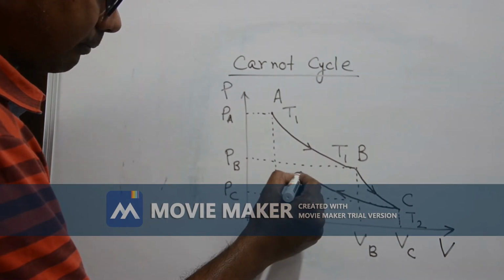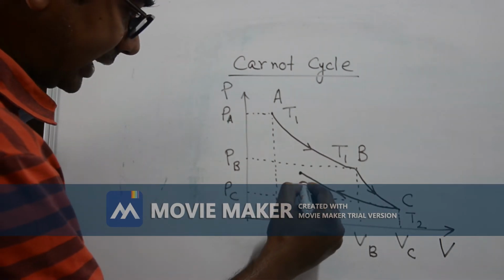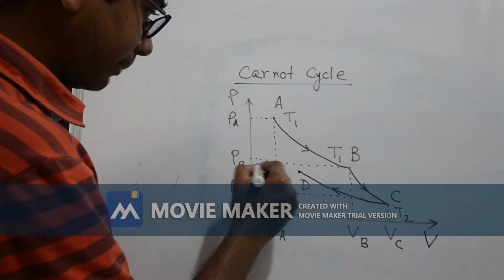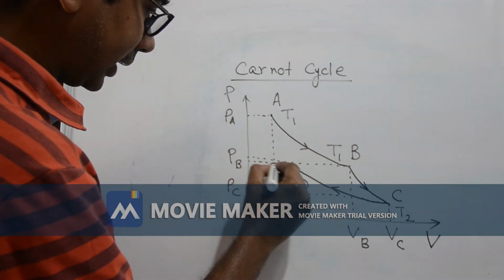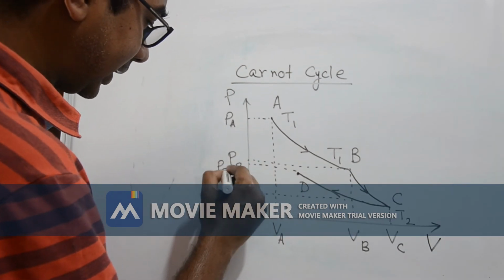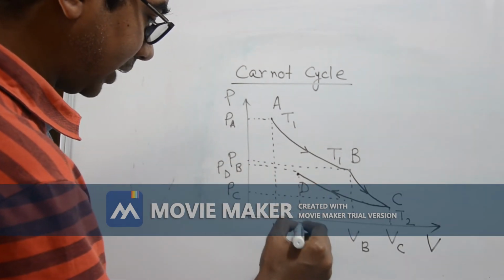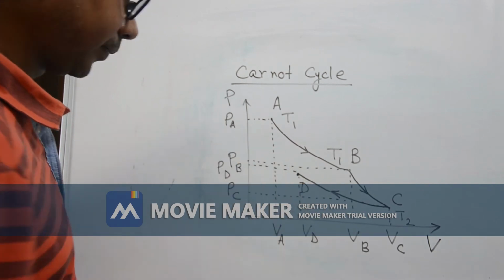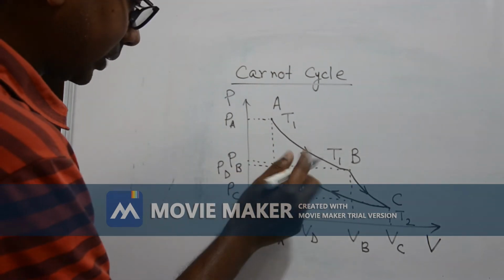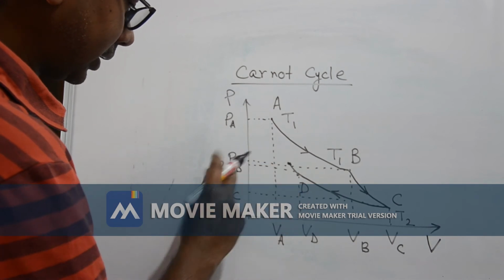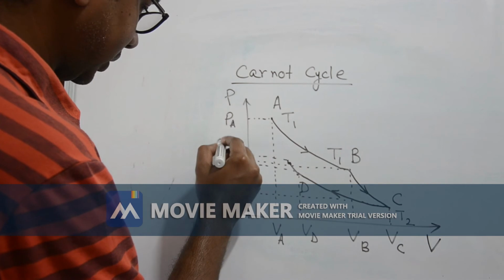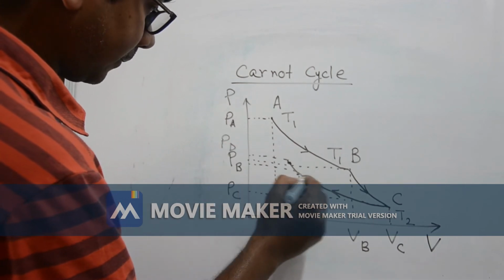So when it comes back to the last point, say D, the isothermal compression will be completed, so that the pressure will be somewhere at PD, and the volume will be VD, somewhere here. Maybe the pressure will go up a little bit. I think it will be above PB. Yes, it has to be somewhere here.